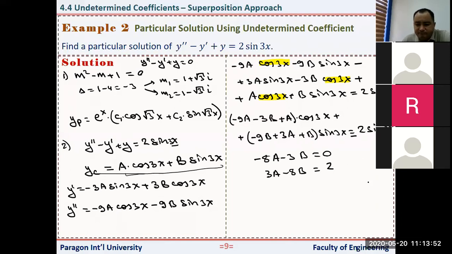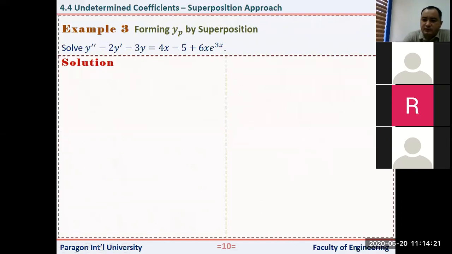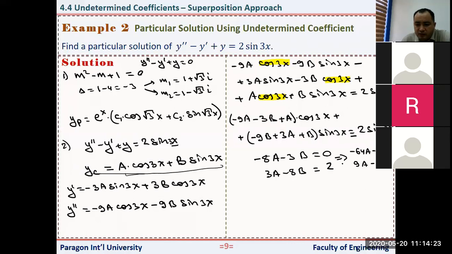So it's just simultaneous linear equations. We have to solve this. How can I solve this? First, multiply this by 8. So here we have minus 64a minus 24b is equal to 0. Multiply this by 3: 9a minus 24b is equal to 6.